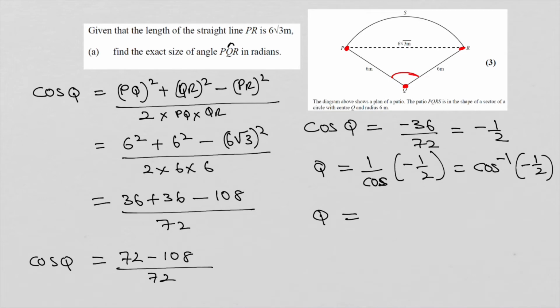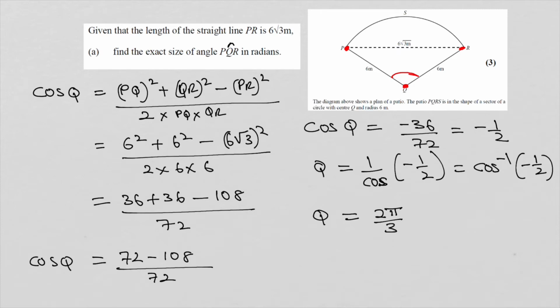To do inverse cos, you press Shift cos. Press the fraction key, put minus 1, arrow down, 2, arrow to the right, and then close it, and equals, so that should give you 2 pi over 3.